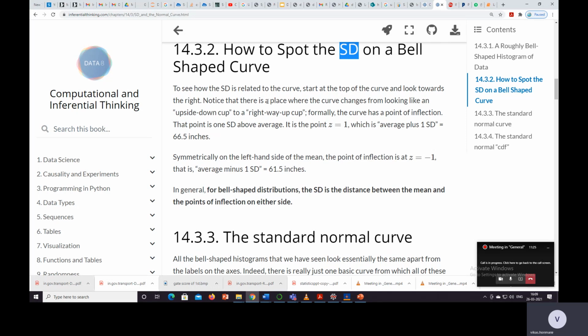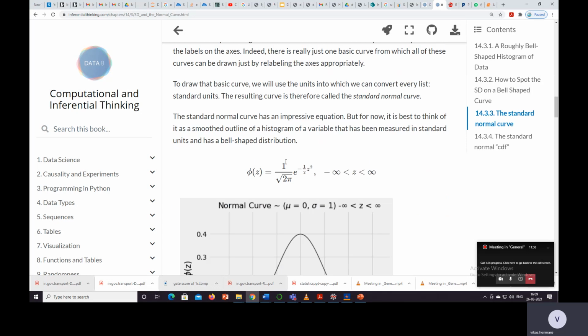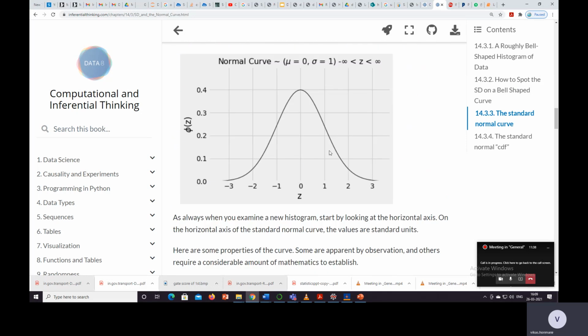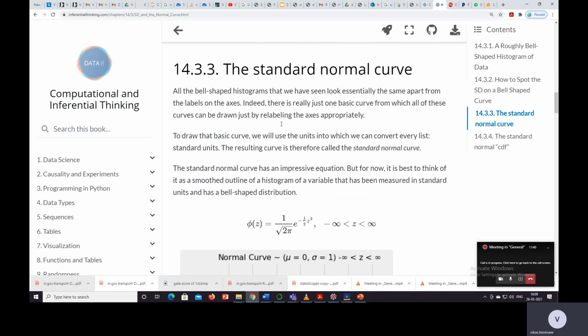Then notice that there is a place where the curve changes from looking like an upside down bowl to a right-way-up bowl. So it will look like that.